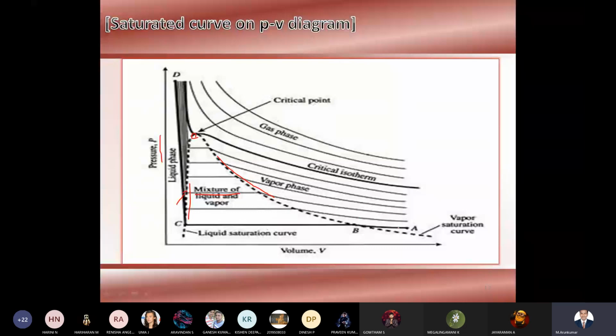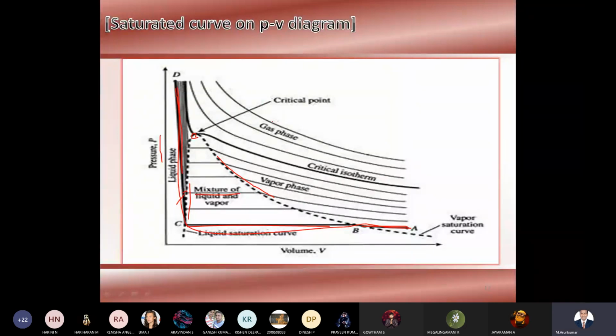So for an example, take this curve. At this point there is a liquid saturation curve, right? So this region is our mixture region, then this region is a superheated steam region, then this is your wet steam region, right?